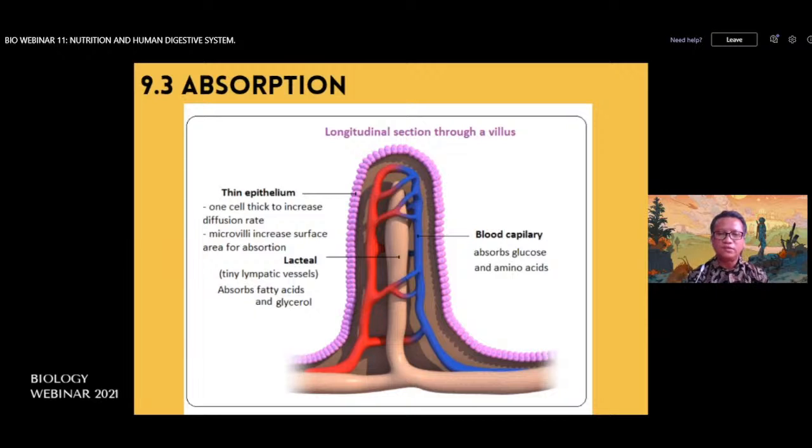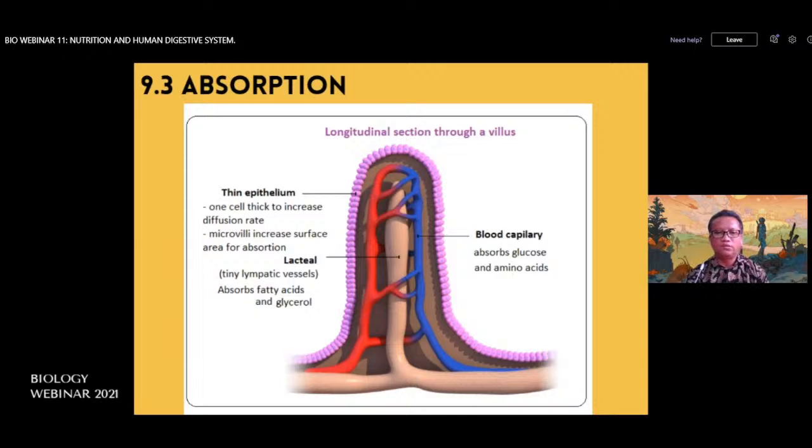So these three digested food will now be absorbed by the villus, either in lacteal or in blood capillary. Okay, as you can see now, the blood capillary, which is in the blue, will absorb the glucose and amino acid, and the lacteal itself will be absorbing the fatty acid and glycerol.